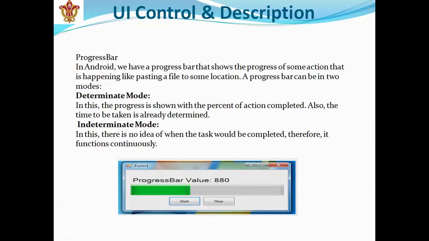You can't see that in the indeterminate mode, but in the determinate mode, you can see the percentage of action, like 10% of your file copying completed, 50% completed, and finally 100% completed when the progress is fulfilled.